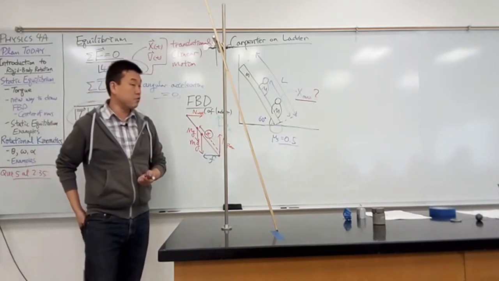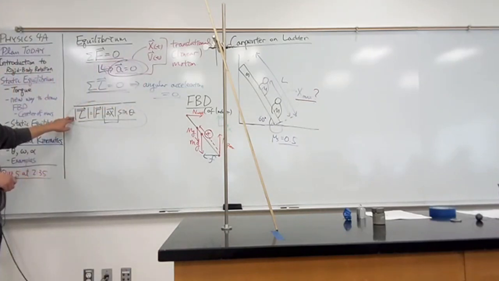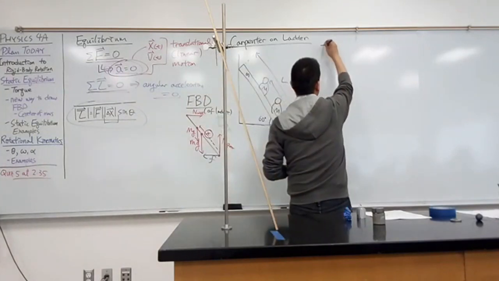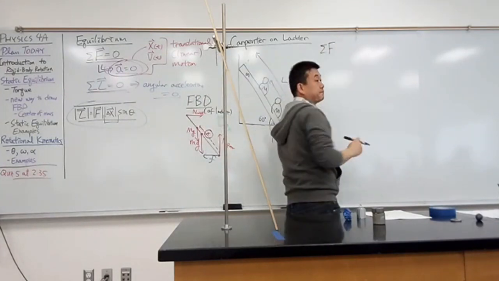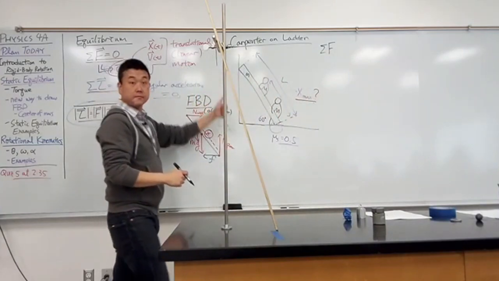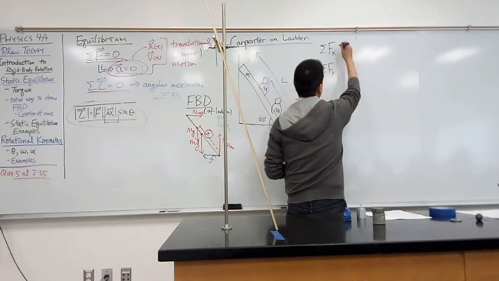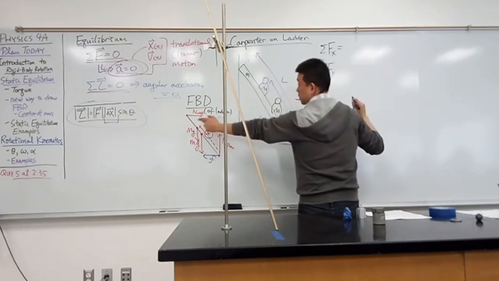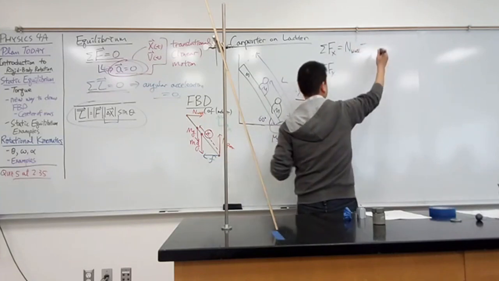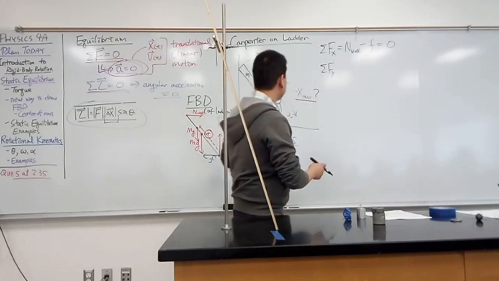After that, I will describe what additional things you have to do, because now we are handling torque as well as force. So how many equations do I write down? 2? Yes, 1 object, 2 axes. It'll be net force in the x direction and net force in the y direction. Net force in the x direction: normal force from the wall minus the friction force is equal to 0, zero acceleration.